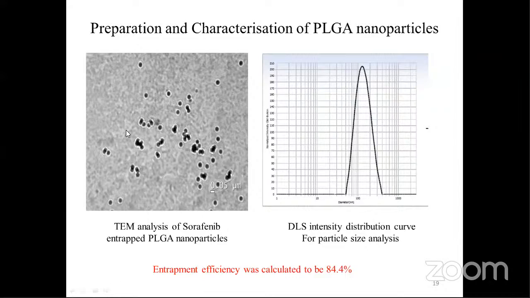Both the drug and PLGA are first dissolved separately in DMSO, and the drug suspended in DMSO is added to the suspension of PLGA and kept stirring for 24 hours, after which we take out the supernatant using ultracentrifugation by repeatedly washing using distilled water. And then we sonicate and then lyophilize.